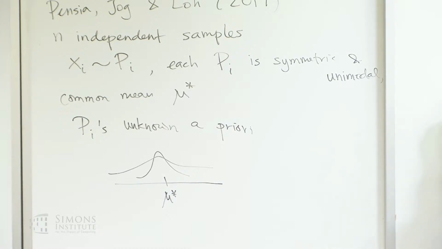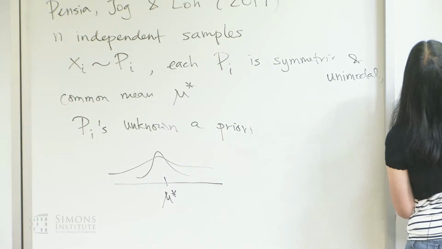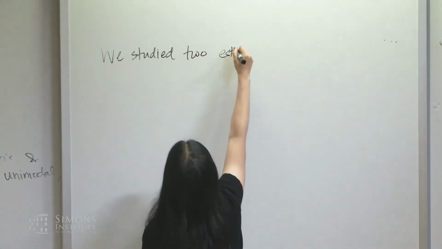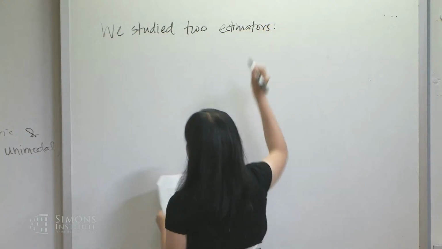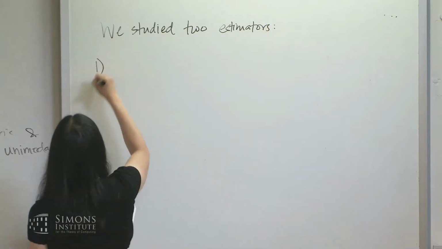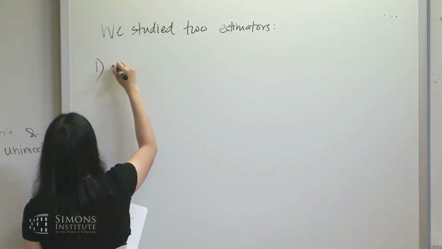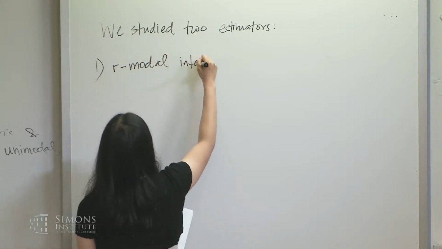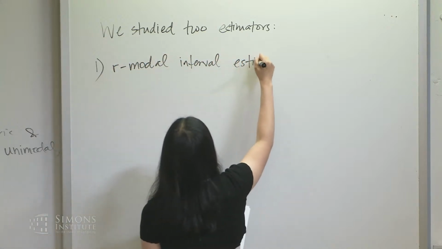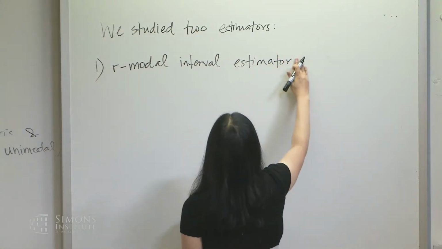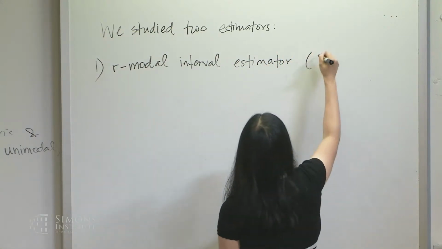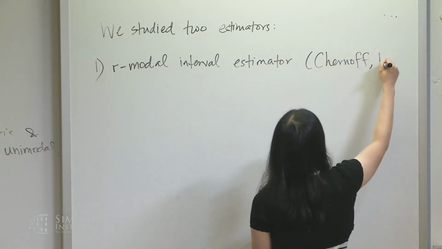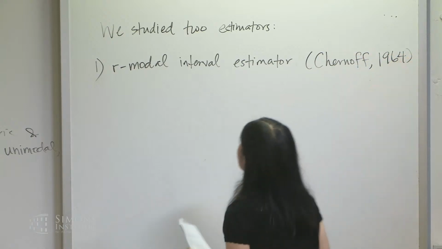Okay, so we studied two estimators. The first one is what's called the r modal interval estimator. And this estimator was also studied by statisticians in the robust statistics era.